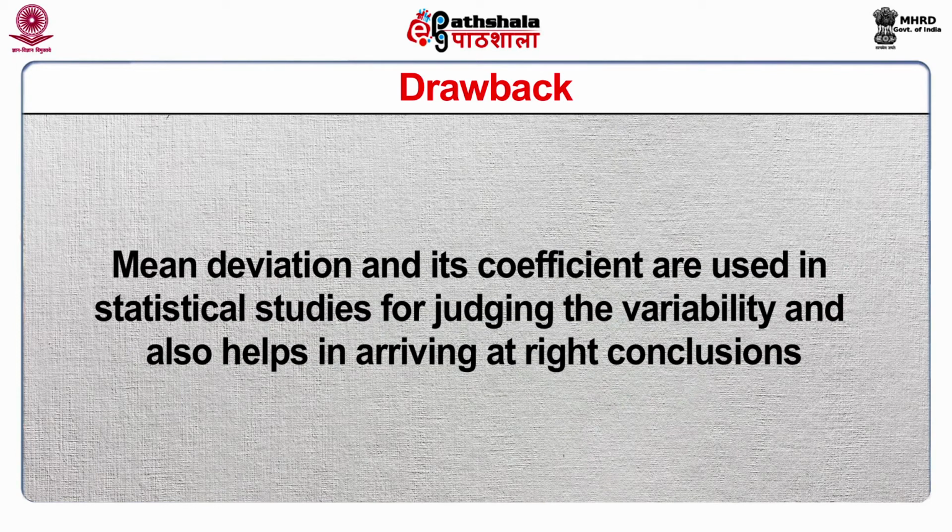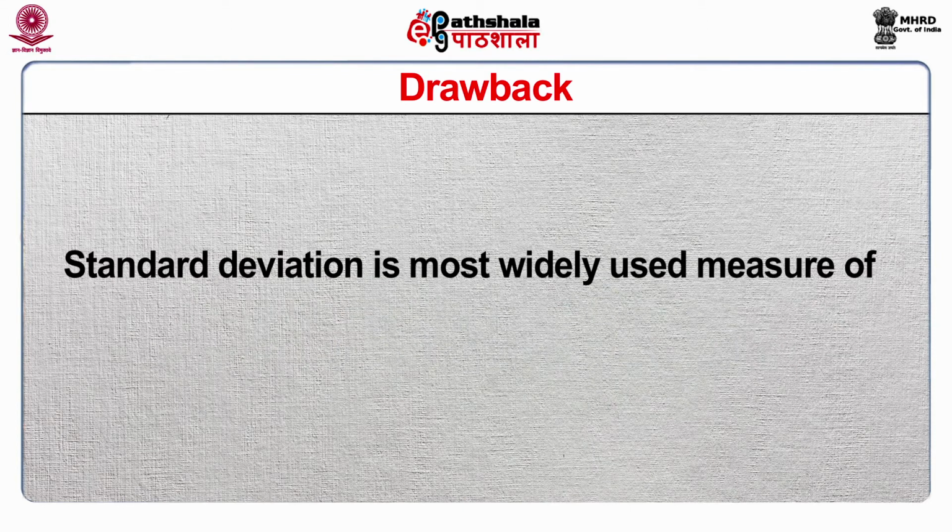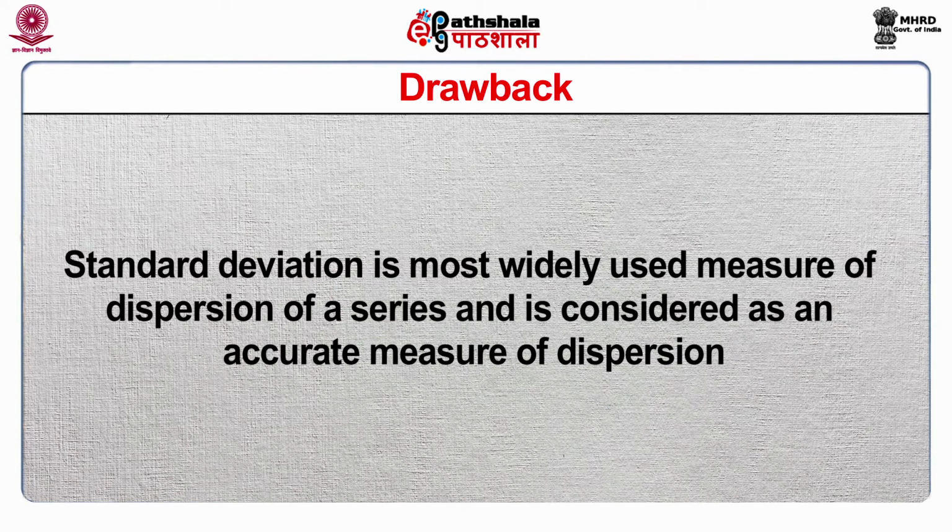Mean deviation and its coefficients are used in statistical studies for judging the variability and also help in arriving at right conclusions. The third measure of dispersion is the standard deviation. It is one of the most widely used measures of dispersion of a series and is considered as an accurate measure of dispersion, or say variability.